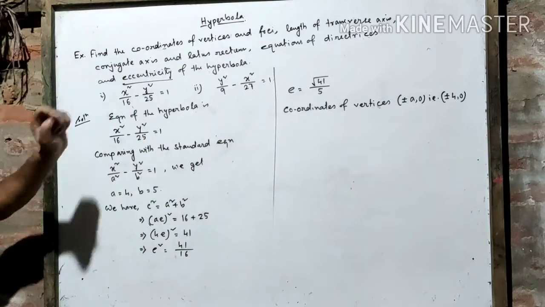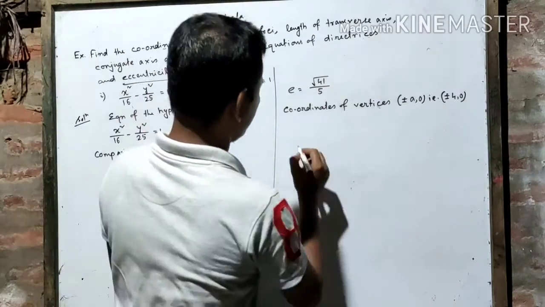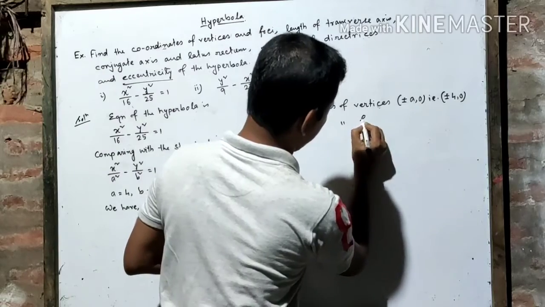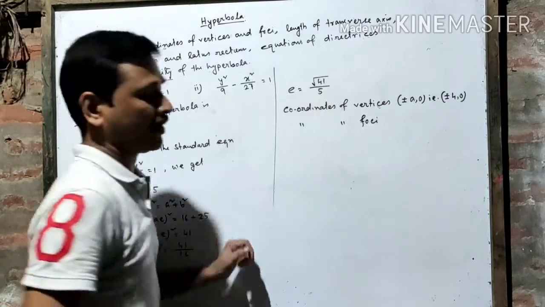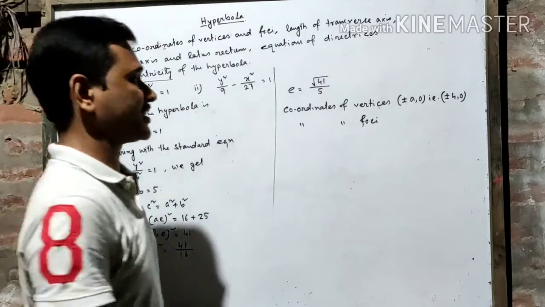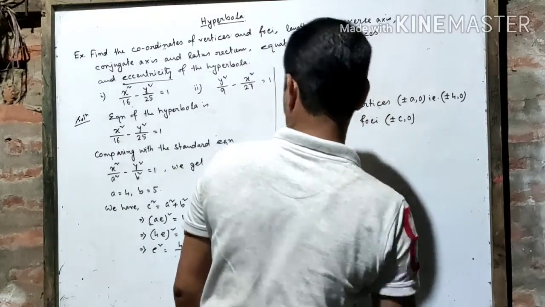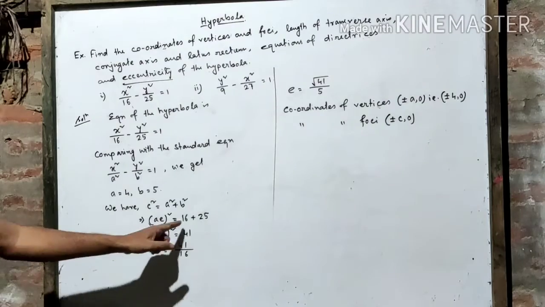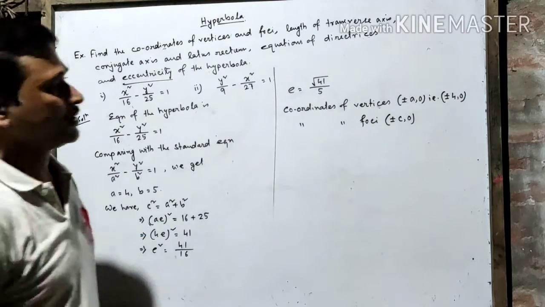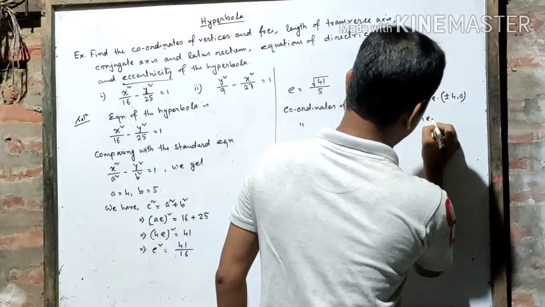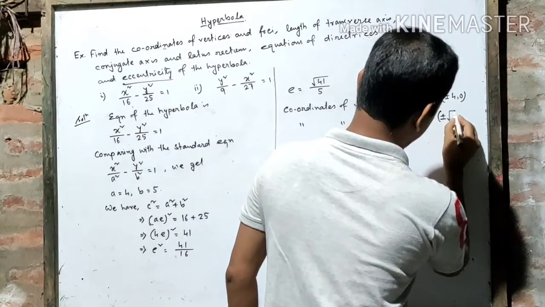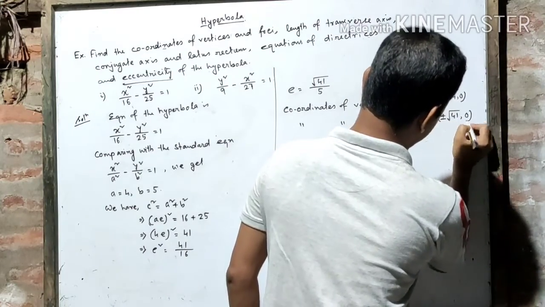Then coordinates of foci. What are the coordinates of foci? Plus minus c, 0. What is our c? Root 41 is c. Okay. So that is plus minus root 41, 0.